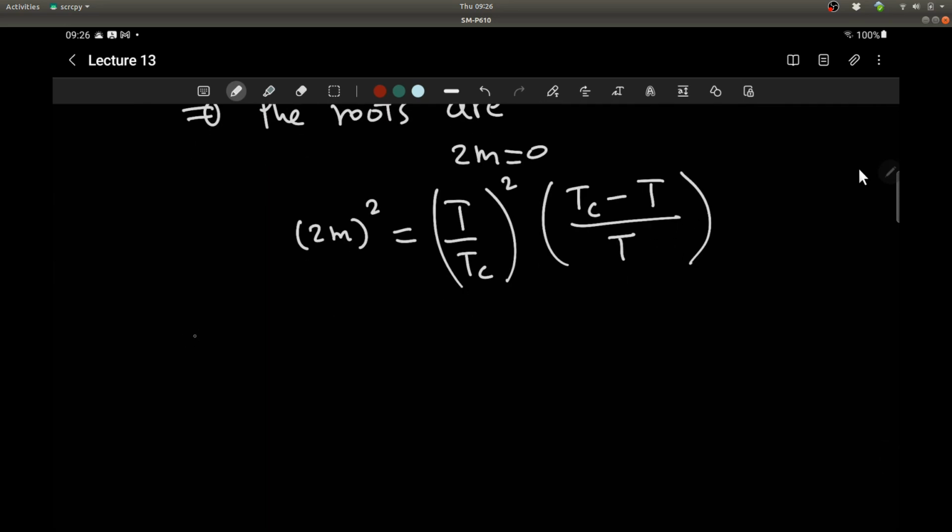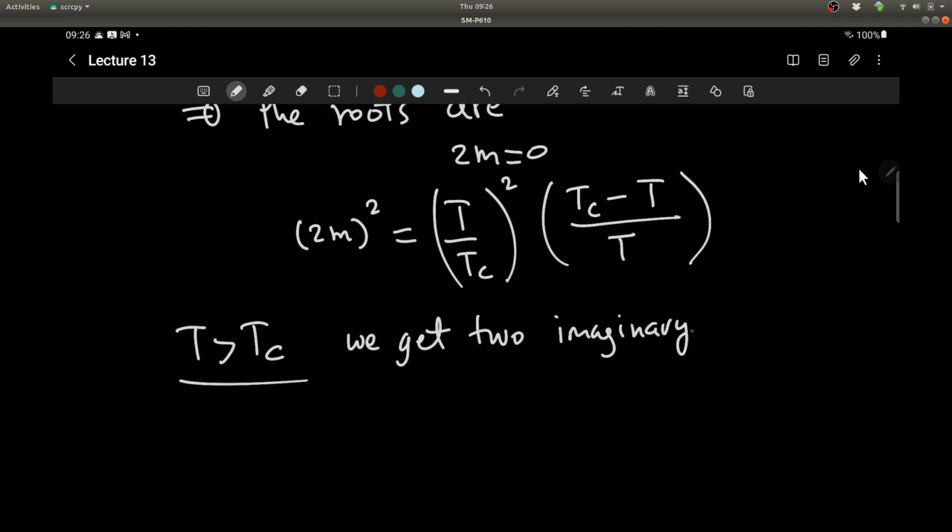So now we can see this thing. So let's first consider t greater than tc. What happens to 2m? The other two roots become imaginary, right? Because it's equal to tc minus t. So for t greater than this thing, we get two imaginary roots. Okay, implies m equal to m0.